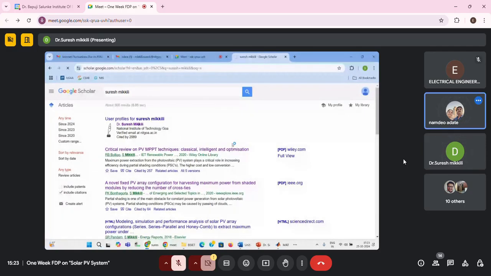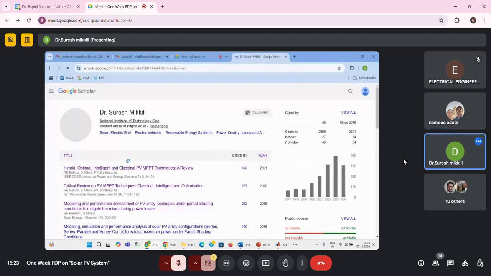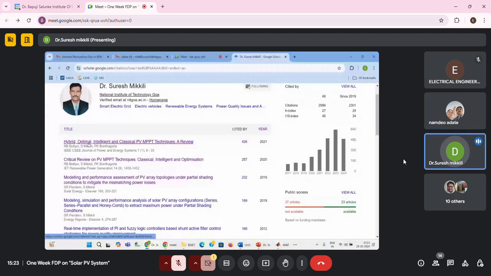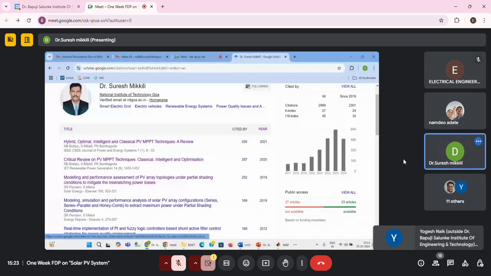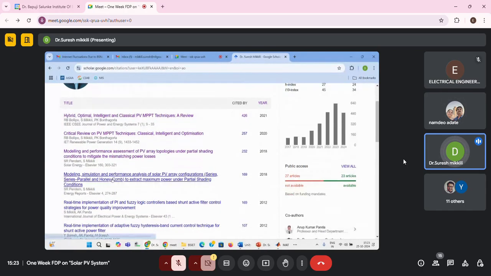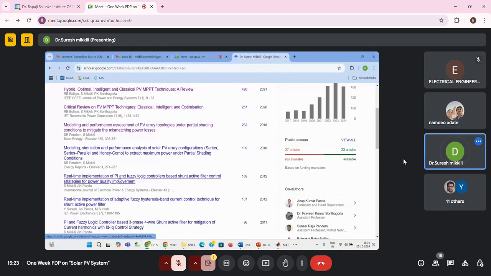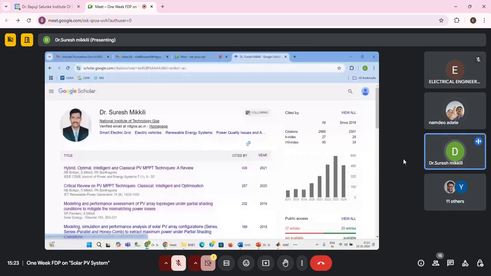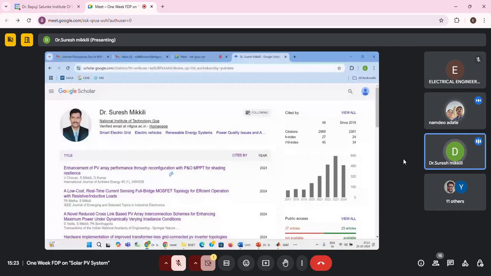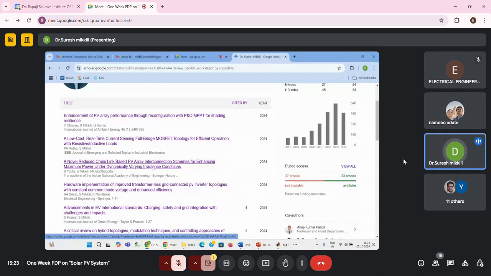We have published a review paper in IEEE journal on MPPT techniques, cited by 426 members. IIT we published only this one. So now you see there are modeling of PV systems, real time. I'll show you year wise. EV, there are PV with MPPT. There are PV array topologies.